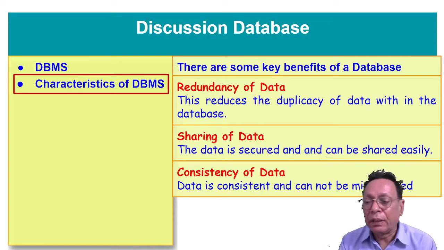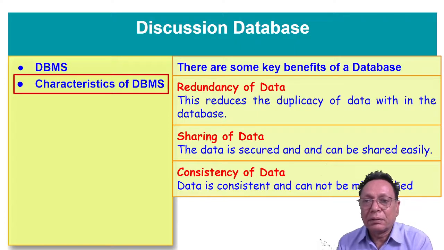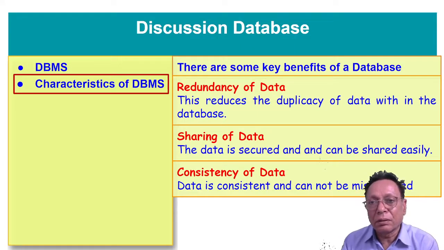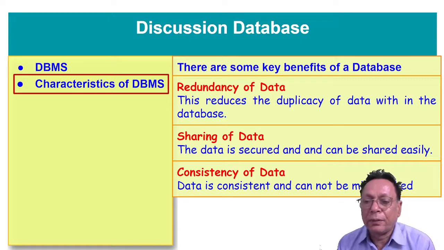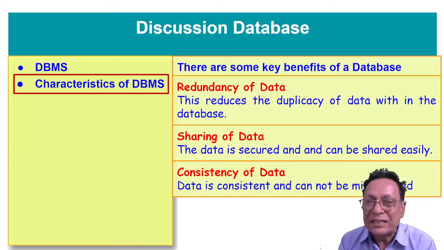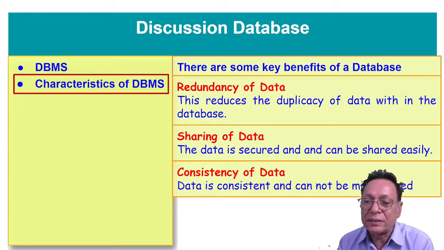It cannot happen that on the same roll number one workstation has the name and another workstation has the name of the father. So this is not done. Consistency is maintained in the database.